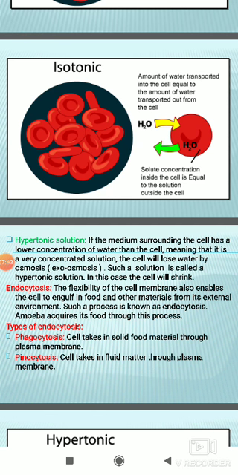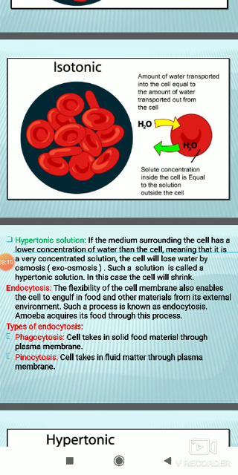When the cell needs food, it will be nutrition, any solid substance, or when any pathogen or microorganism has entered the body, then it will be other materials. So the ability of the cell, which is enabled by the cell membrane, to engulf the food material or any other materials from its external environment is known as endocytosis.